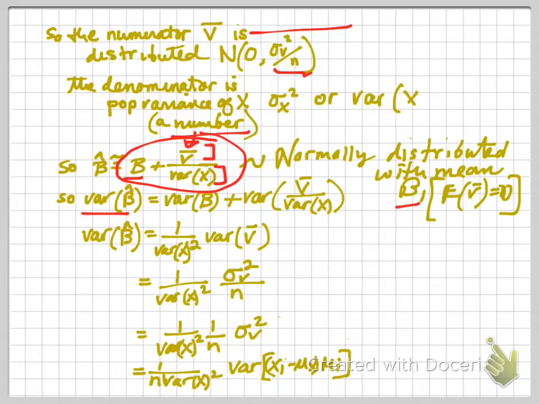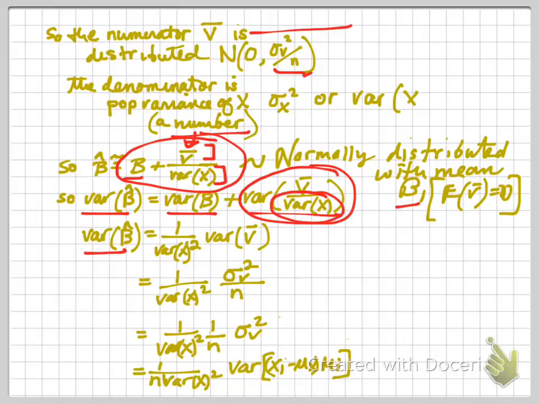So now we go to the variance of beta hat. The variance of beta hat is equal to the variance of beta plus the variance of the second term. The variance of beta, since that's just a number, is 0, it doesn't vary. So the variance of beta hat is equal to the variance of this term.